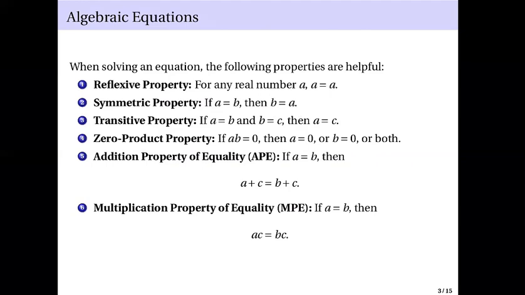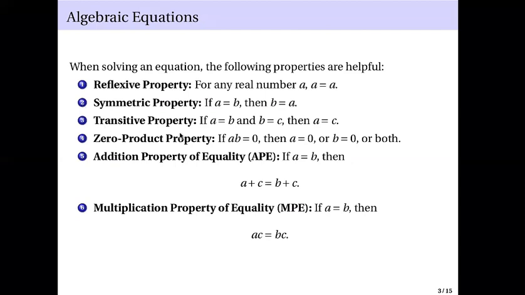A is Alice, B is Bob. Alice is a sibling of Bob, and that means Bob is a sibling of Alice. So if we use the equality to represent that sibling relation, you can think of the symmetric property that way.